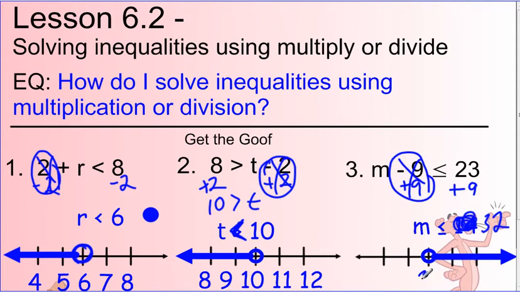So we put 32 here, getting bigger, getting smaller. We would have a solid dot because we have this or equal to line. And the arrowhead would be facing to the left because it is less than, or using the arrowhead trick, it's pointing to the left, you shade to the left.